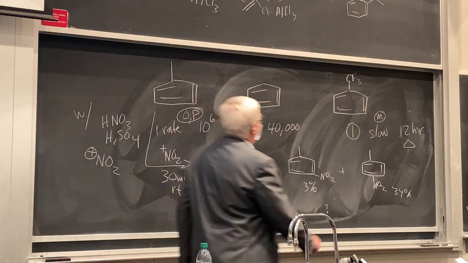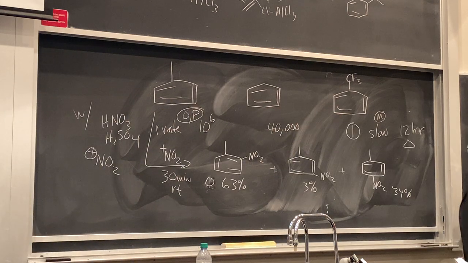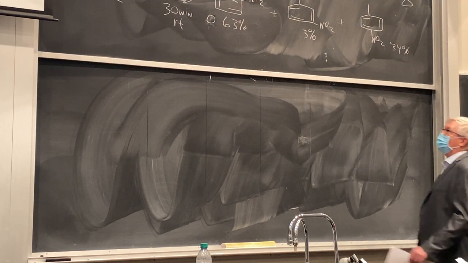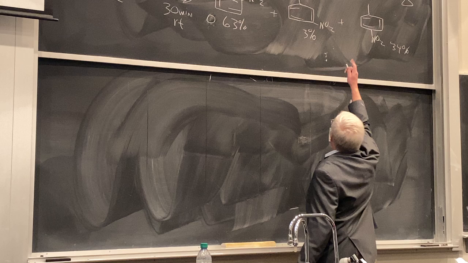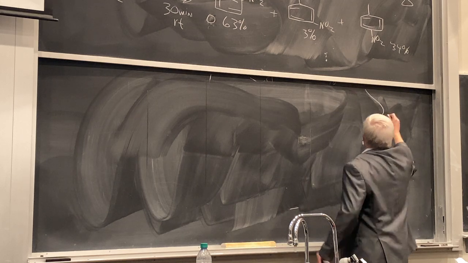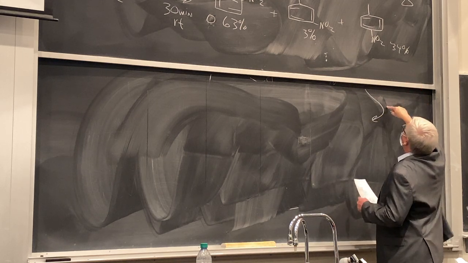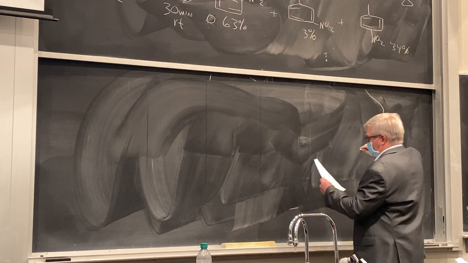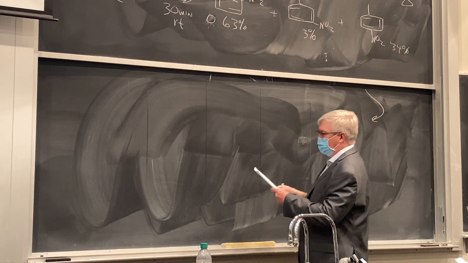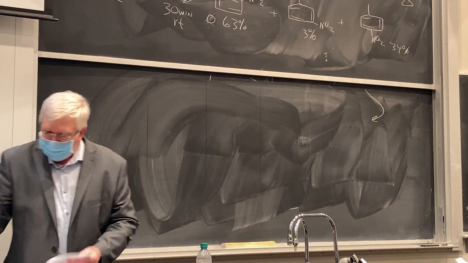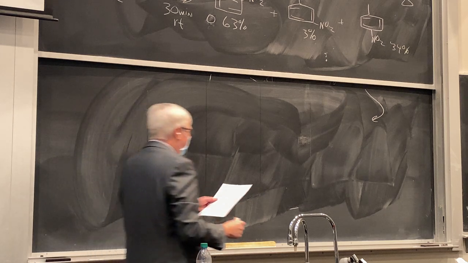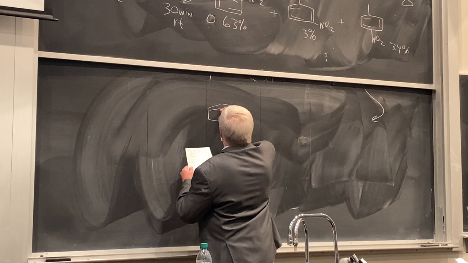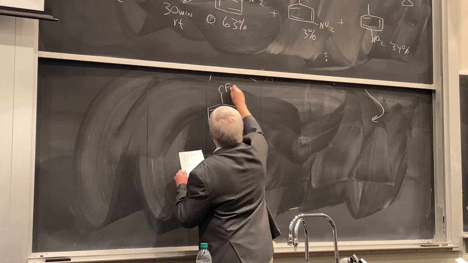Let's get the data up there for trifluoro. And you'll see the difference, right? With trifluoro here, it takes, well, I already got it up there, 12 hours, whatever. Okay, so it's very slow. And what's the distribution of products here? Oh, I got it on the other page. Okay. It gives some ortho. But again, it's CF3, okay?